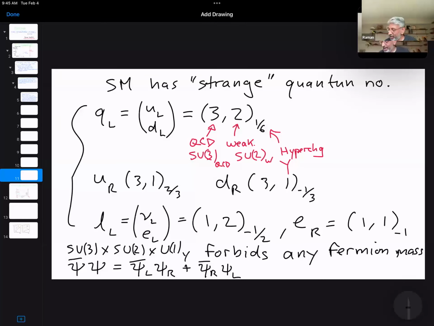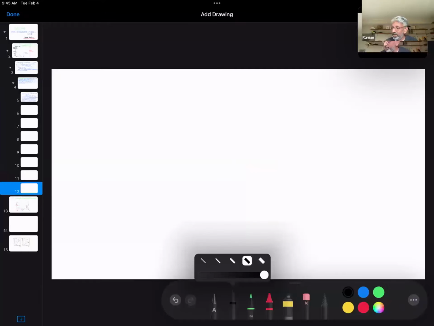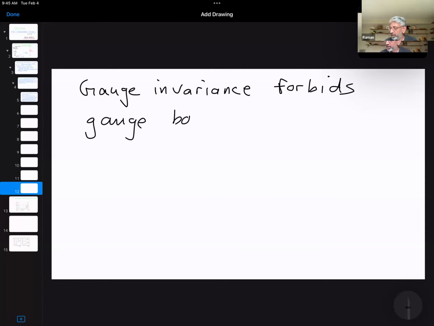Okay, and similarly, if I ask, what about the gauge bosons of the Standard Model? Gauge invariance obviously forbids gauge boson masses. A gauge boson mass like this violates or is not invariant under a gauge transformation.